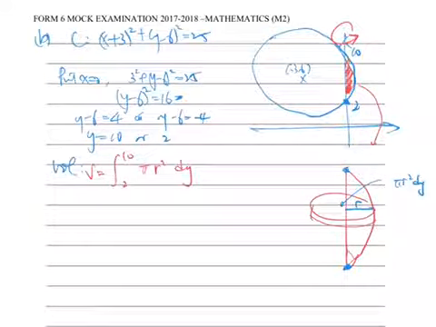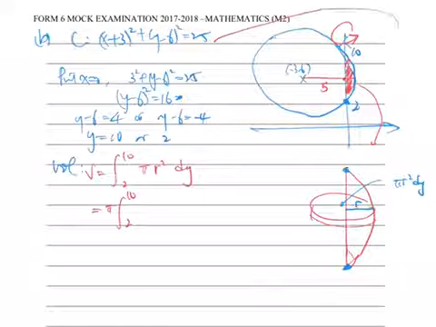And then what is the r? I put out the pi, 2 to the power 10. What is the r? You see here, the circle is of radius 5. If you give our values of the y, then what is the x? From this one you can see x is root of 25 minus (y minus 6) all squared, taking the square root plus or minus, and then minus 3.